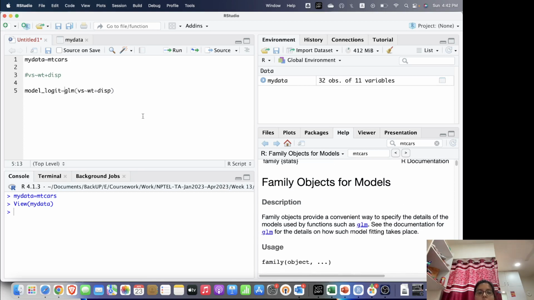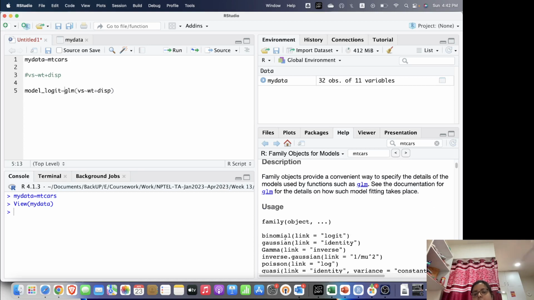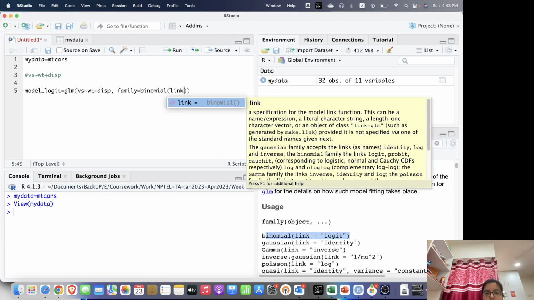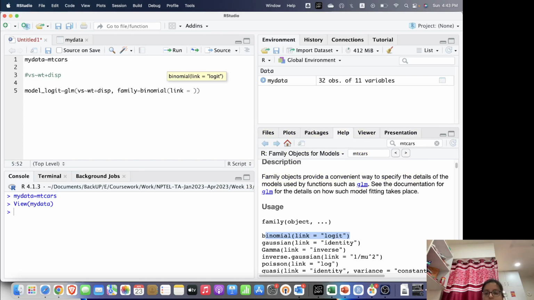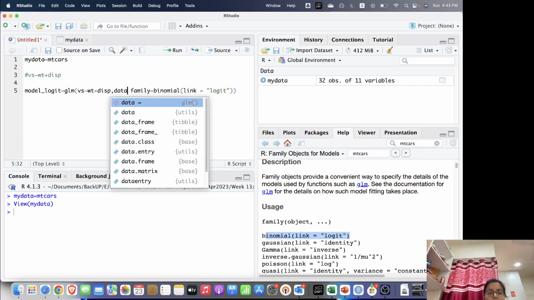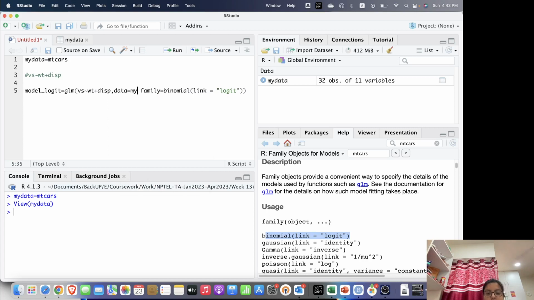Okay, so here I want to fit a logistic regression, so I'm going to write family equal to binomial, and within brackets, this is the default link, but even then I'm going to write the link function as logit. Okay, and the most important thing that I keep forgetting, I have to mention which data set it should consider.